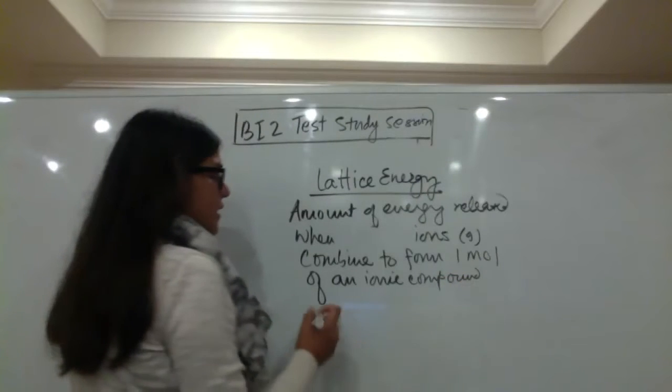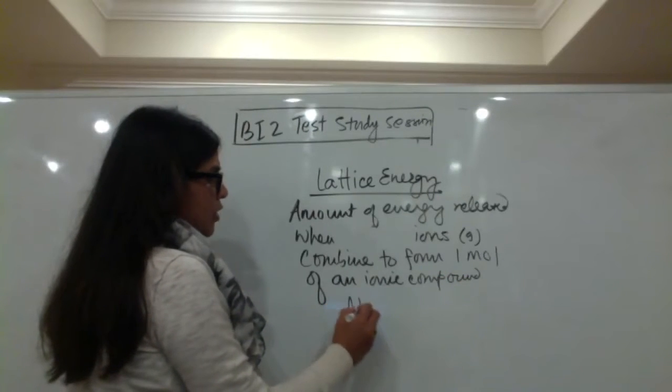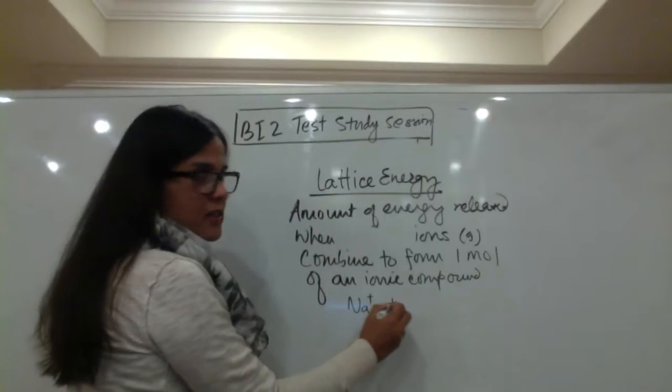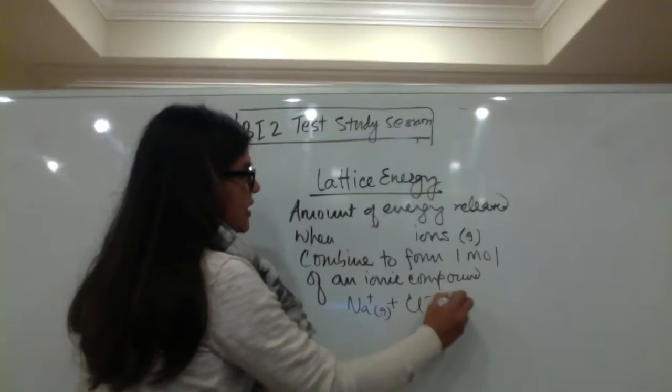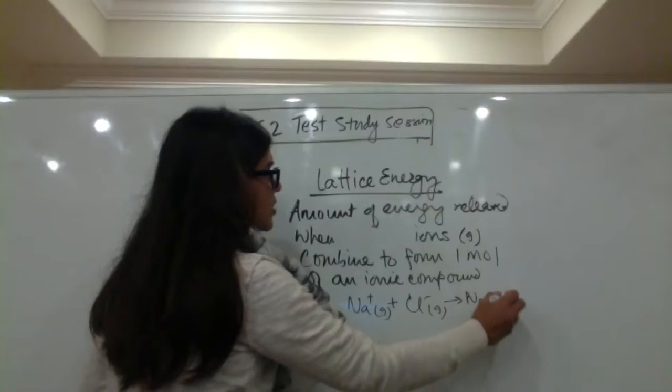And its equation for NaCl will look like this. Na plus in gaseous state plus Cl minus in gaseous state gives you NaCl solid.